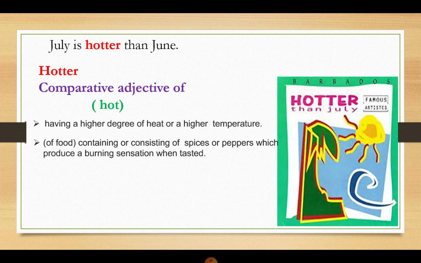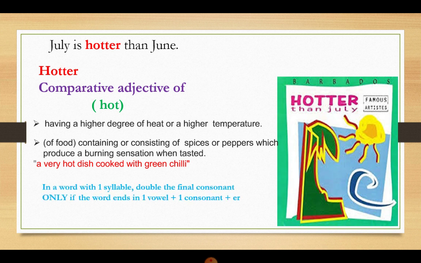So when I say a very hot dish cooked with green chili, it means it contains or consists of spices or peppers which produce a burning sensation when tasted. Who can tell me the change that happened to the base adjective, the base word of the adjective?